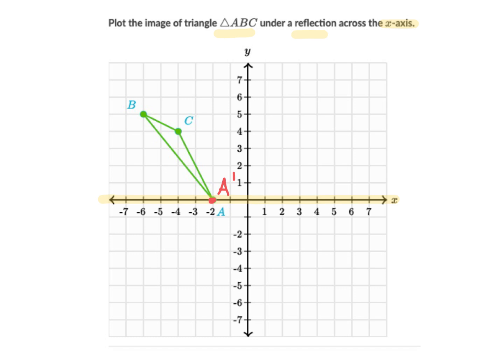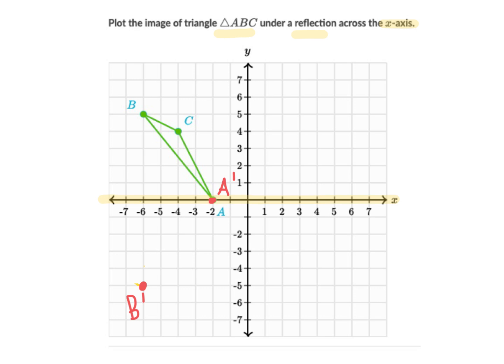Moving on to B, since B is at -6, +5, it's 1, 2, 3, 4, 5 places away from the x-axis. We reverse that and go 5 places down. And we would plot B prime right here. Moving on to C, C is 1, 2, 3, 4 places away from the x-axis.